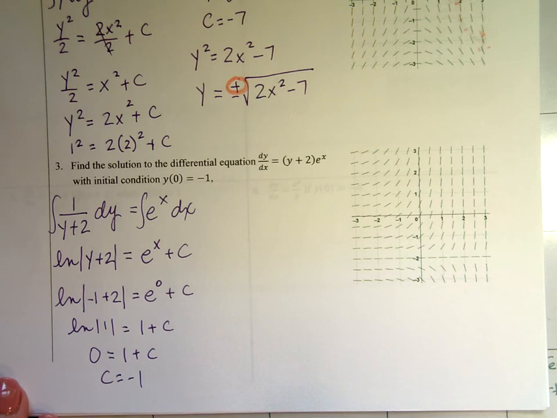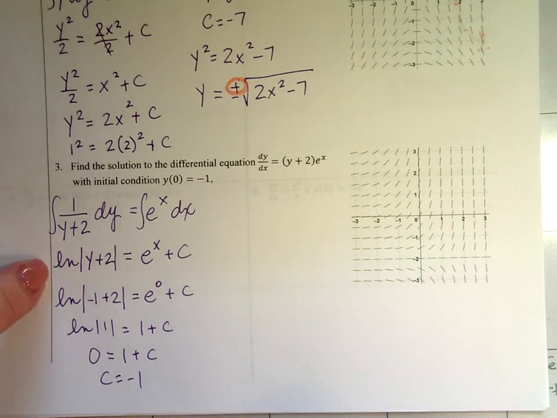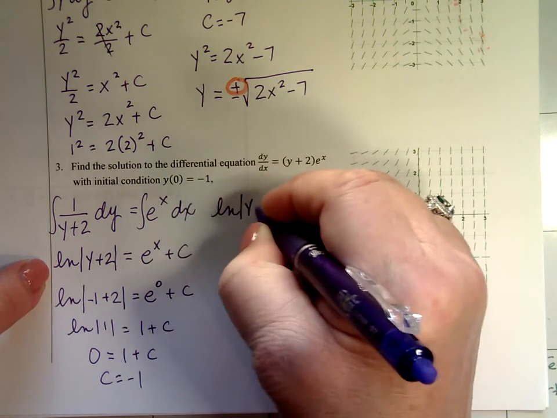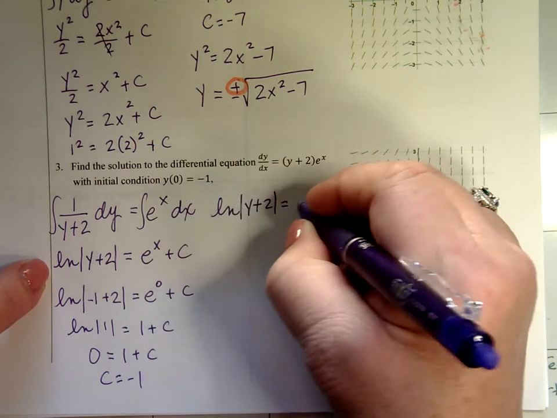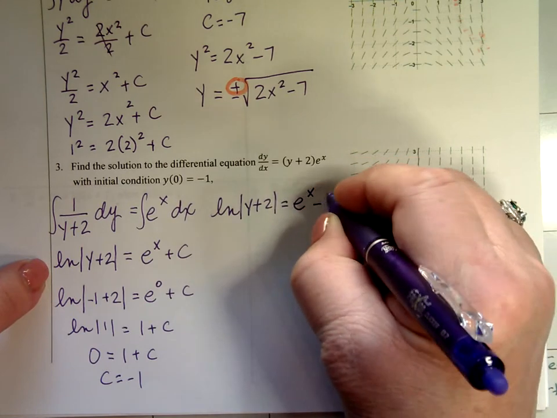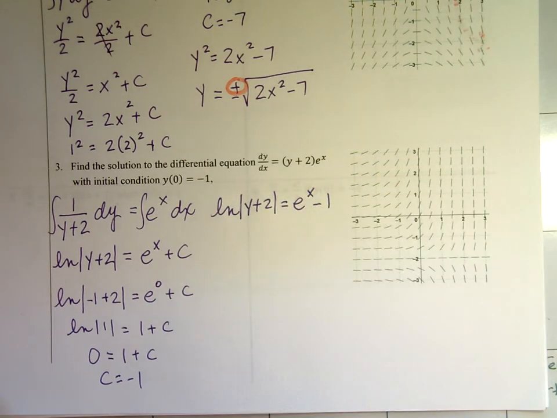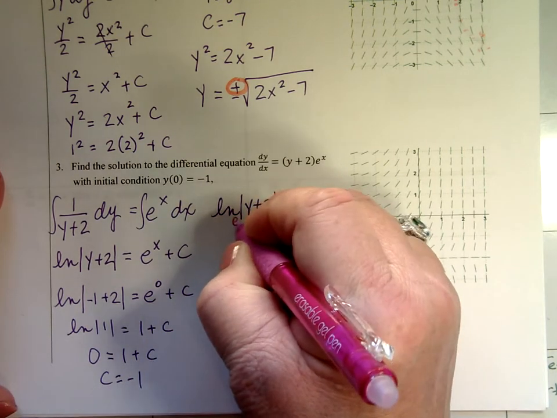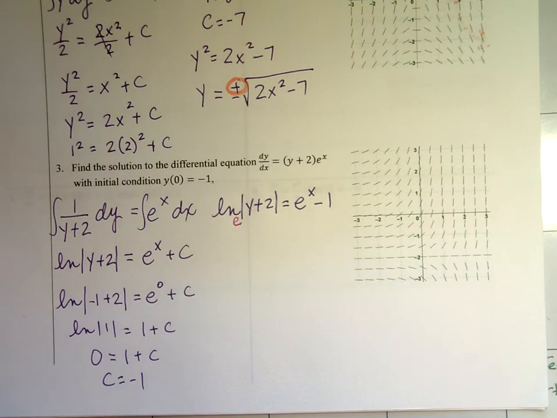All right, so let's put that together back at my step right here. ln of the absolute value of y plus 2 equals e to the x minus 1. Now I have to dig for y. I want to solve for y. I'm going to remember that I'm trying to undo a logarithm, which means I need exponents. Here's my e.